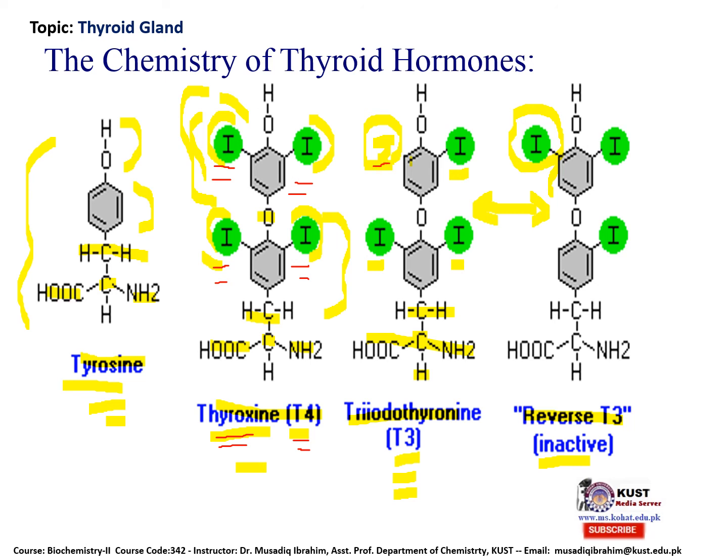So here the iodine is not present in T3, but in reverse T3 the iodine atom is present, which is covalently linked to the tyrosine derivative form.